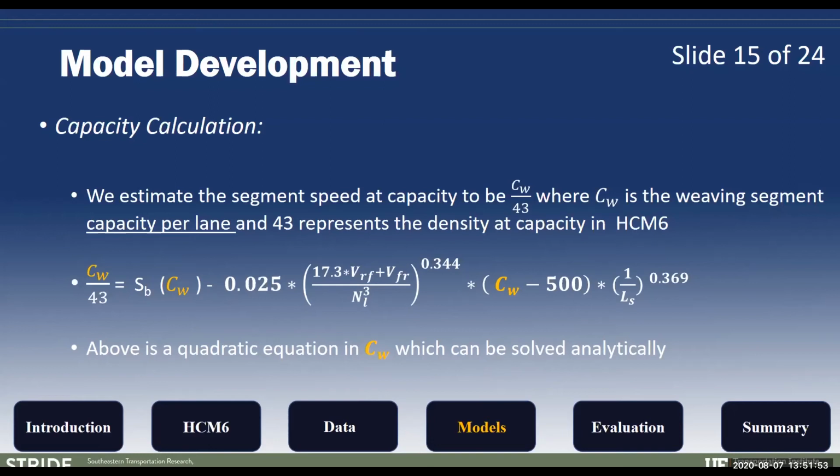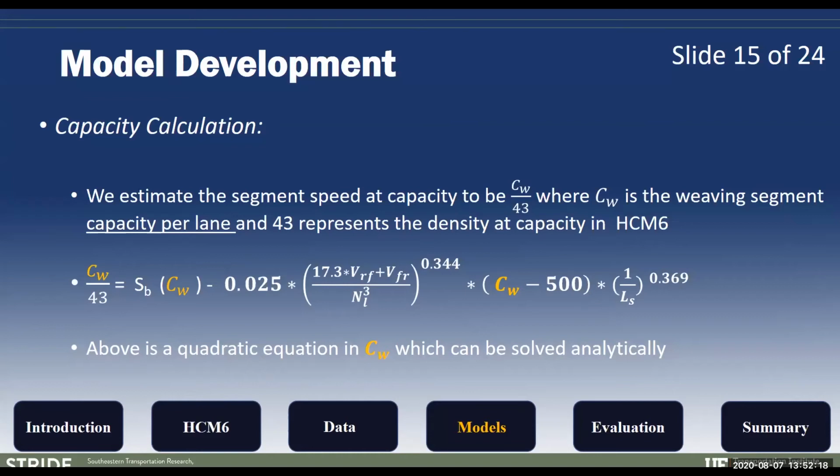And we kept that definition here as well. So on the left-hand side, we substitute for the speed at capacity, which is capacity divided by 43. We calculate the speed at the basic segment for that capacity, which is obviously going to be less than the capacity of a basic segment.